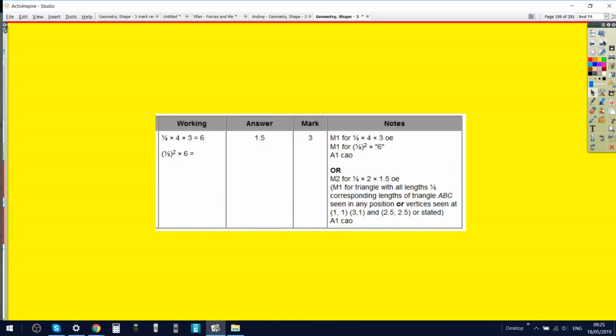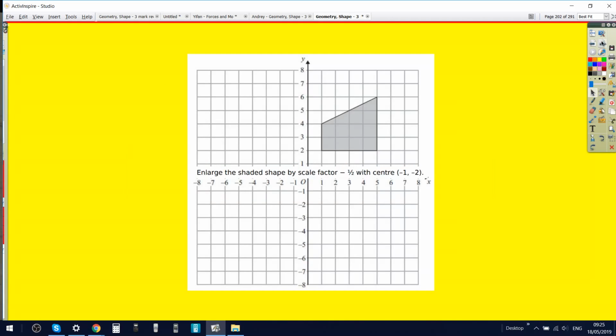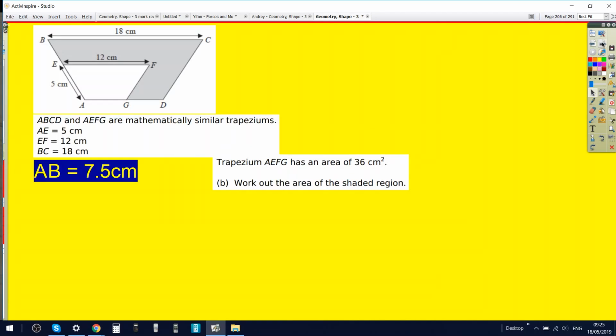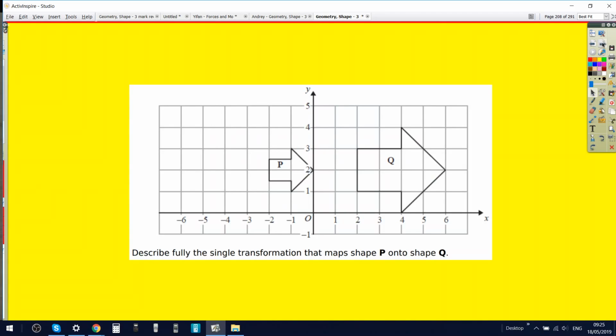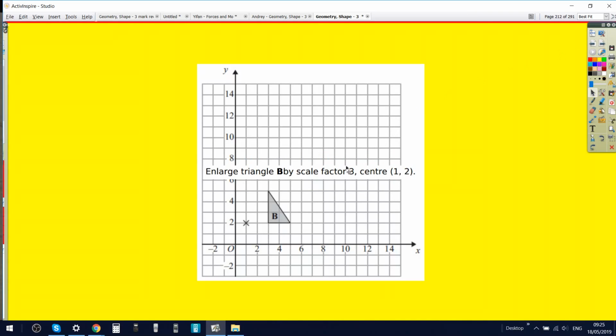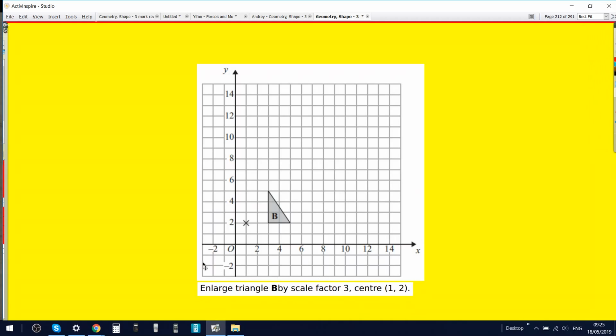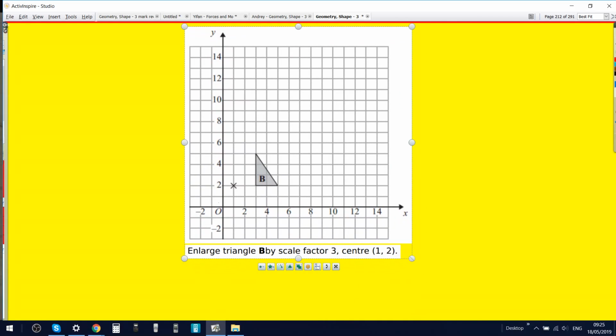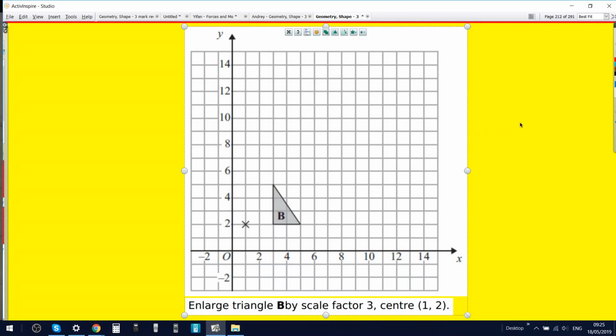Hang on before we do that one. See, I picked these too well. Okay, how about this?